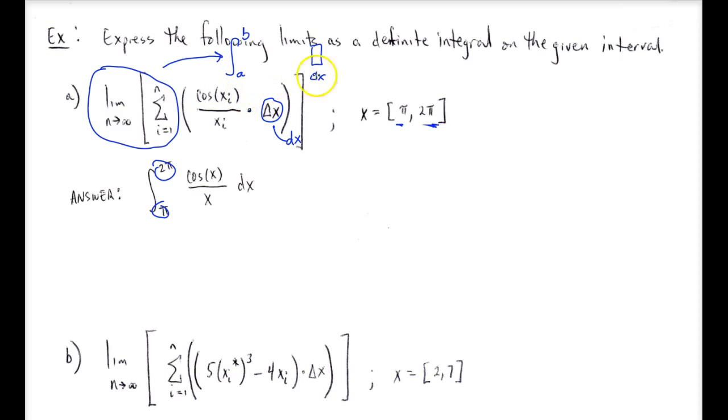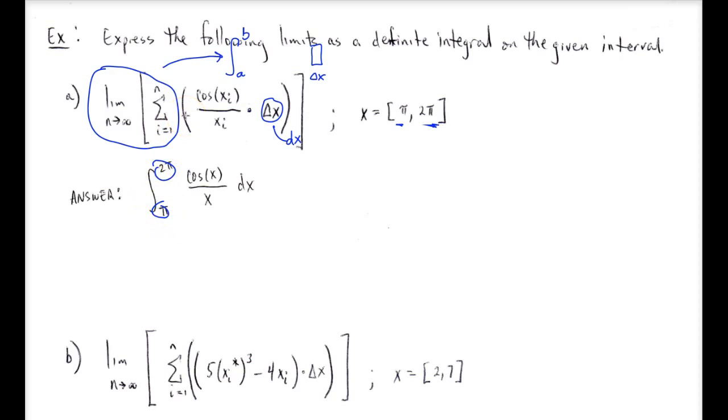The cosine of x_i just says it depends upon what rectangle we're on to figure out that particular area, but in general this is just x. And so if you wanted to interpret this, this would just be the integral of cosine x divided by x dx evaluated from pi to 2 pi.